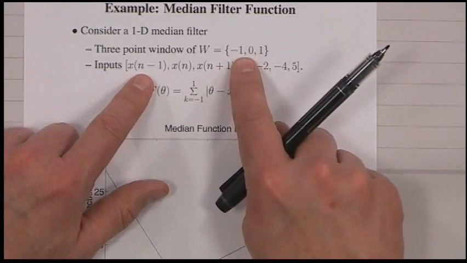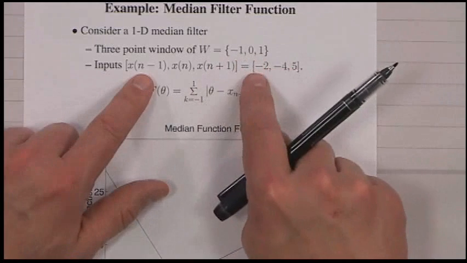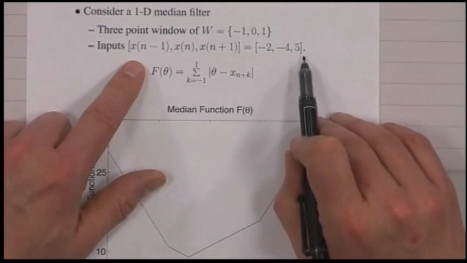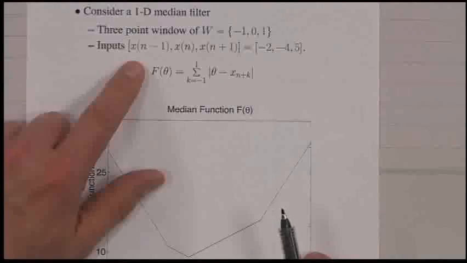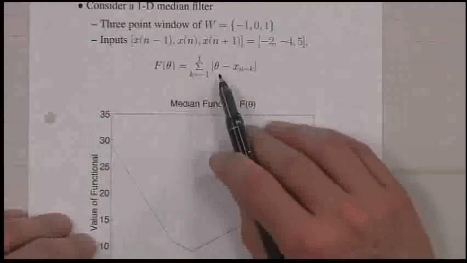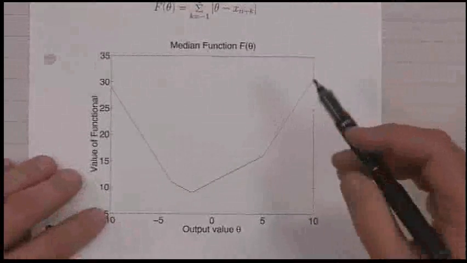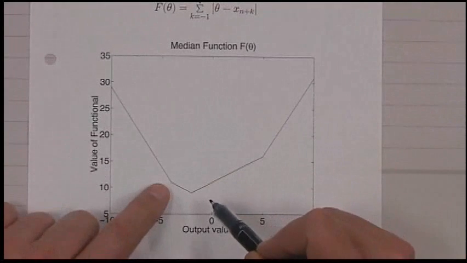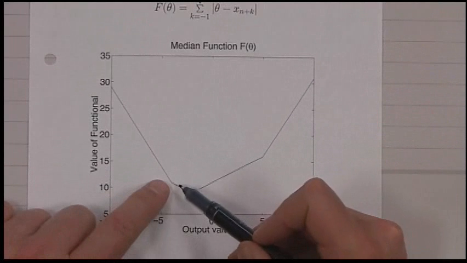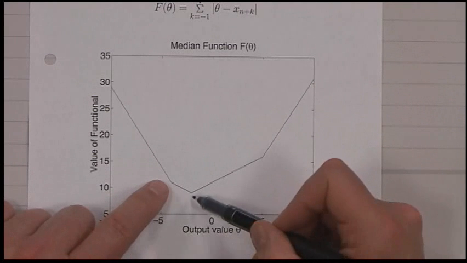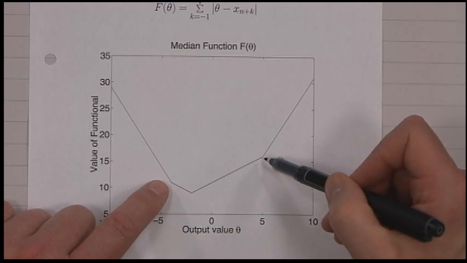So we're taking the point to the left, to the right, and the current point. The values in the window are -2, -4, and 5. If we plot that function, which is the sum of the absolute values of the difference between theta and those values, we're going to get 3 inflection points: one at -2, one at -4, and one at 5.